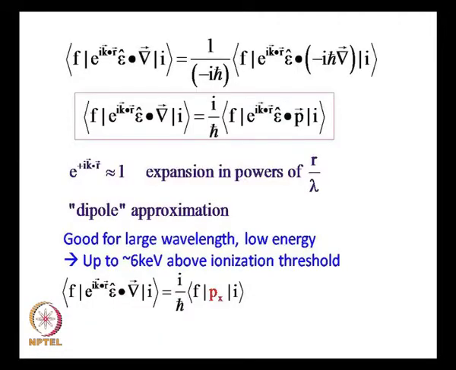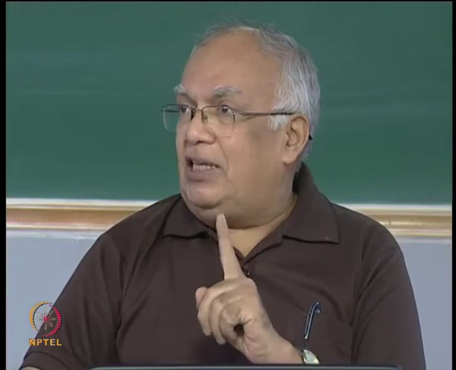And if you now set this e to the i k dot r equal to 1, then you have an equality in this approximation in which you no longer have to write the e to the i k dot r explicitly, because it has been approximated to unity, that is set equal to 1.